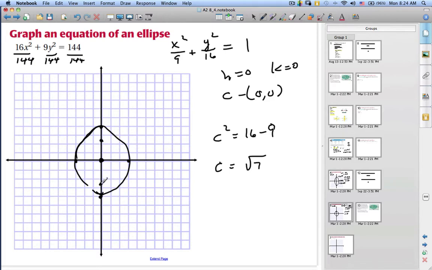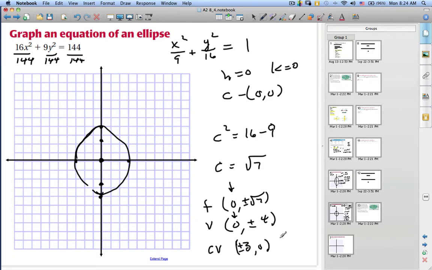So my foci are at (0, plus or minus root 7). My vertices are at (0, plus or minus 4), right? And you'll notice that the x-coordinate on the foci and the vertices will always be the same. In this case it's 0, but when it's not centered at (0, 0), they'll still be the same. And then the co-vertices are at (plus and minus 3, 0).